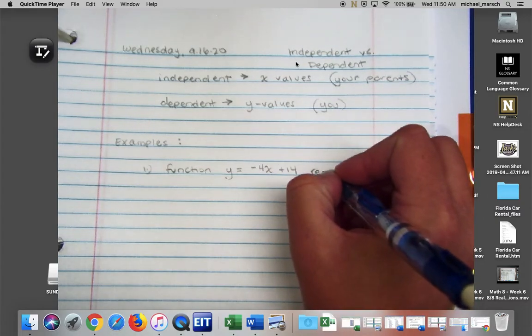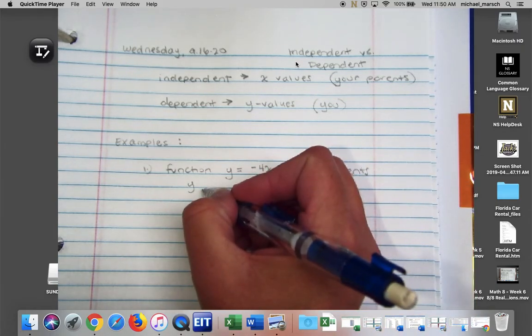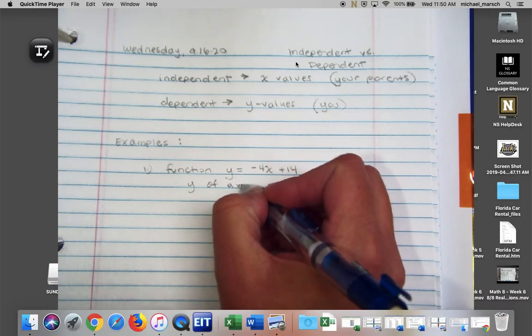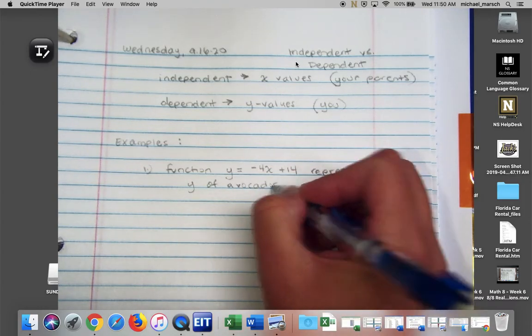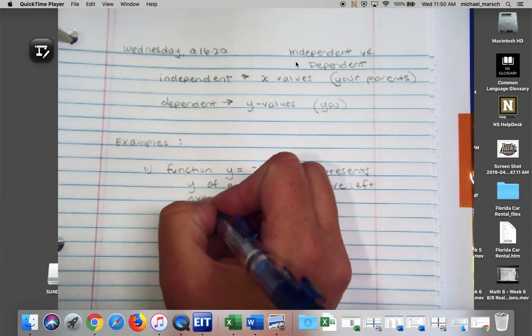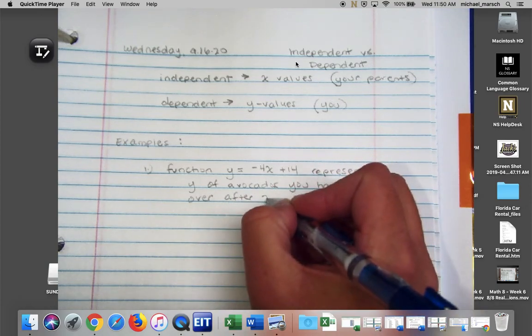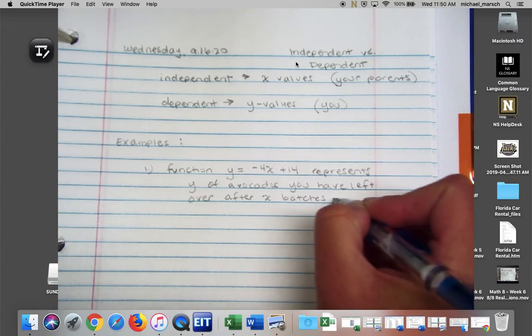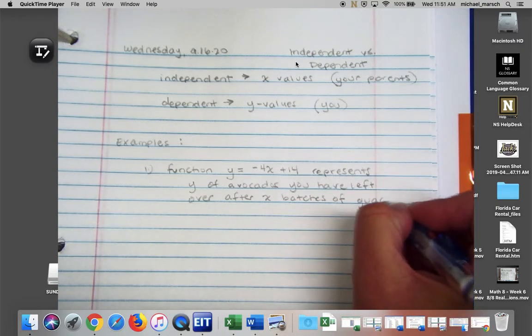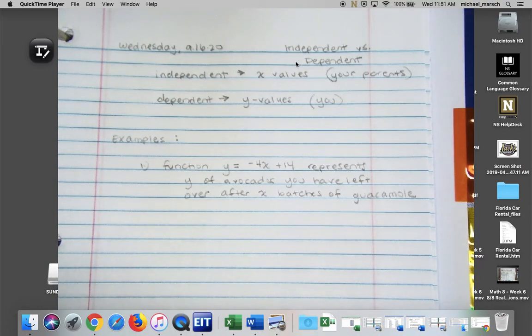So this represents y avocados you have left over after x batches of guacamole. Okay, so what this means is you start out with 14 avocados.